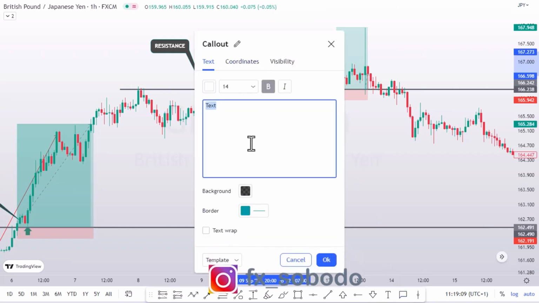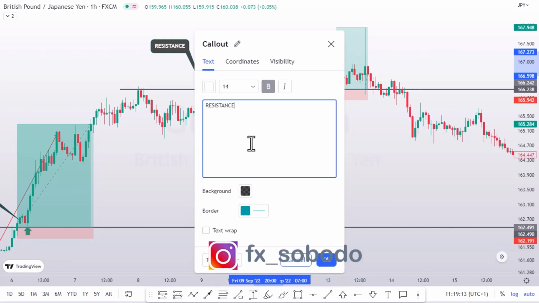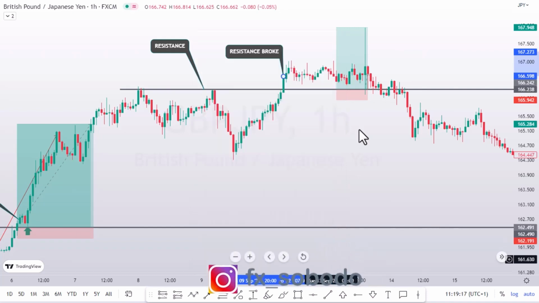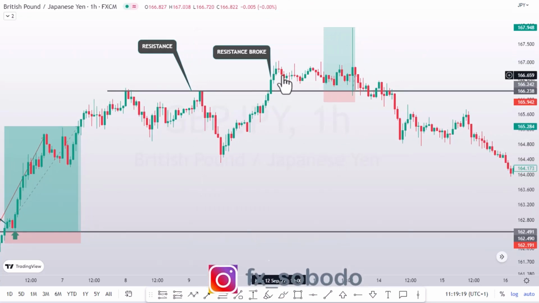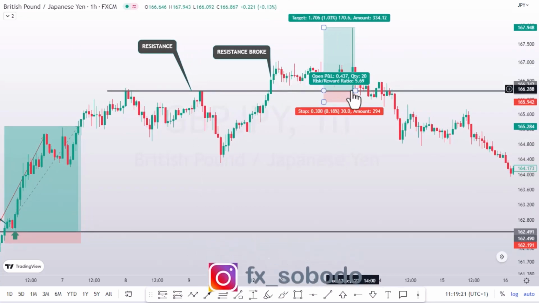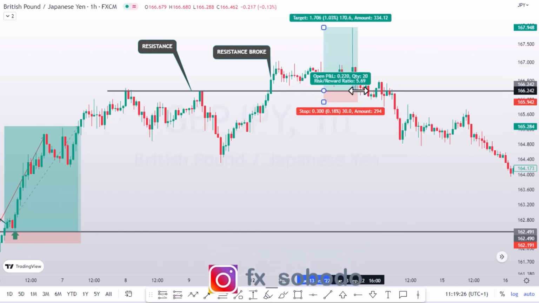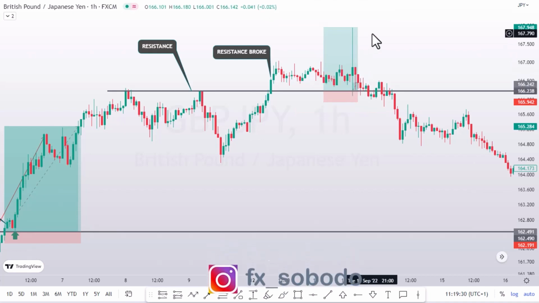Our resistance got broken at this level. So what we do, we wait for the retest. And when price came, it retested in that zone and spiked up.